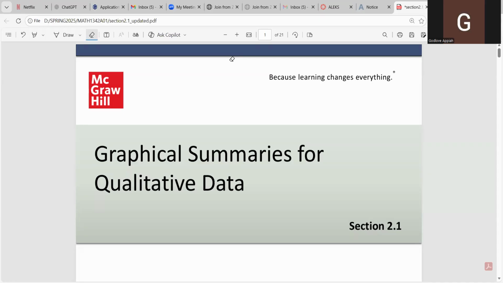All right. So before we get started, I would like to remind you guys that we have our first project that is due this Sunday. Because we have not been able to meet in person since our last meeting in person, for those of you who have not formed your groups yet, I am going to allow you to work on this project individually in case you do not have a group.